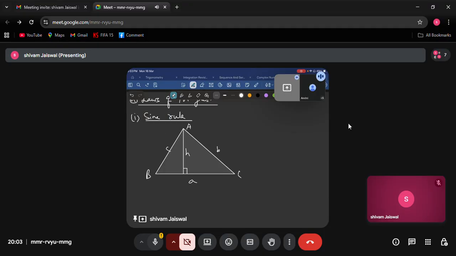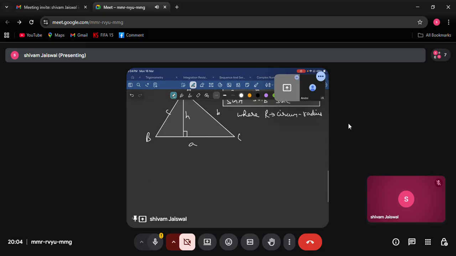First of all, I'm writing it down. a by sine A is equal to b by sine B is equal to c by sine C is equal to twice the circumradius, where R is the circumradius. Write it down.